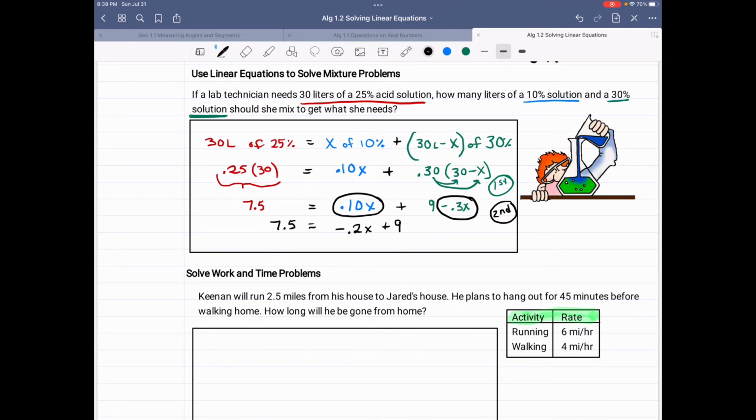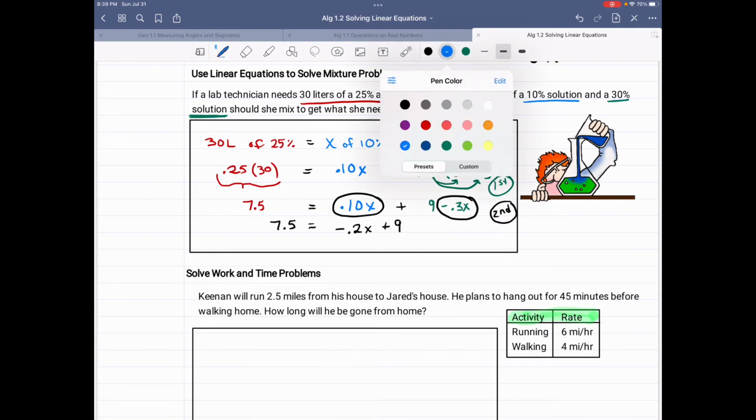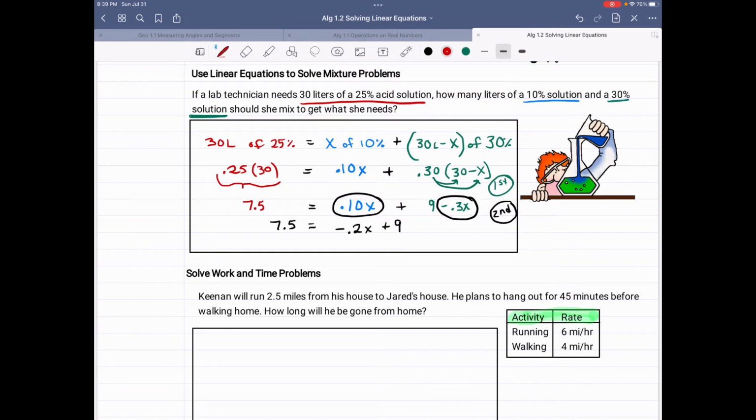Now it's okay that the x is on the right side of the equation. We need to learn how to work back and forth from if it's on the right side or the left side. And we can solve for x wherever it's at. The next step will be to solve for x by subtracting 9 on each side. This is the third step.